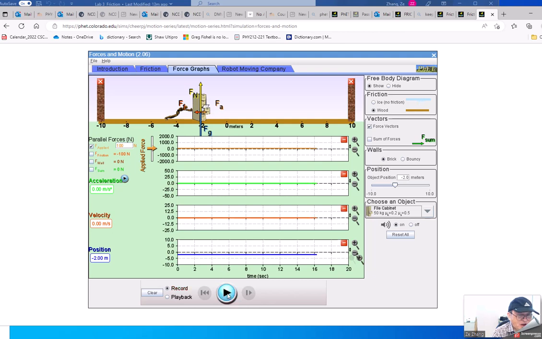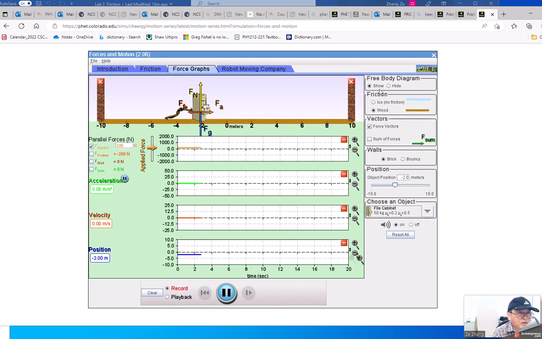So then stop, and then you can clear, and you can play back, replay. If you forgot some of the features, you can play again, and then you can change to, say, 200 newtons applied force. In this case the friction force is also 200, but still nothing happens.